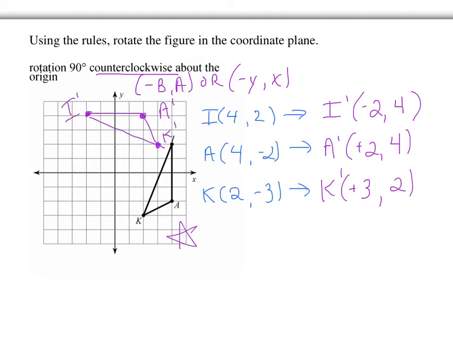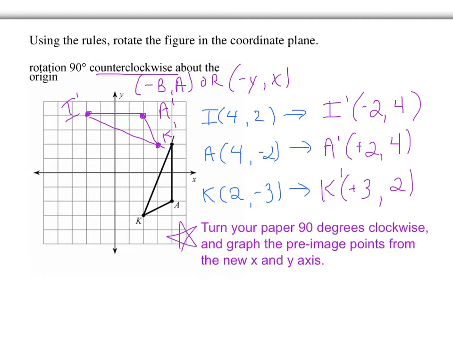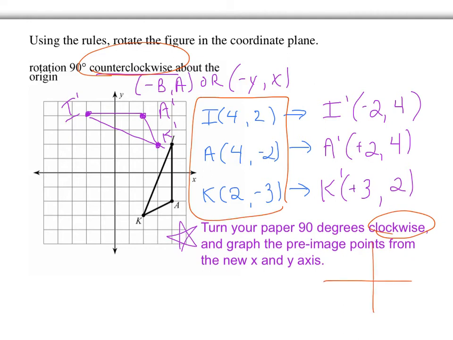One thing I do want you to write down is turn your paper 90 degrees clockwise, and this is because we did counterclockwise, so you need to turn your paper the opposite direction. And if I turn it 90 degrees clockwise and then use my new x and y axis as the pre-image points, then graph these points right here on that graph, and the new x and y axis, so after I've moved my paper, then I'm using them just like it would normally.